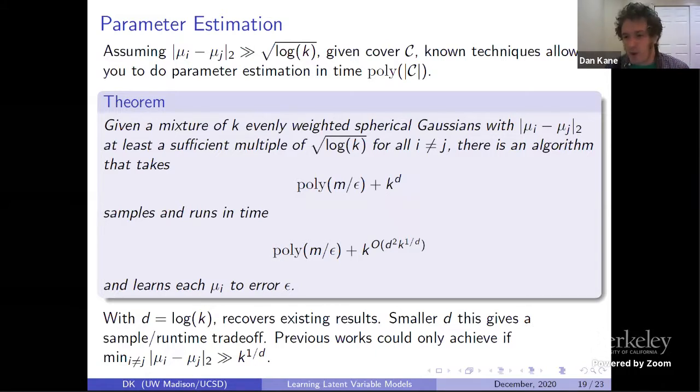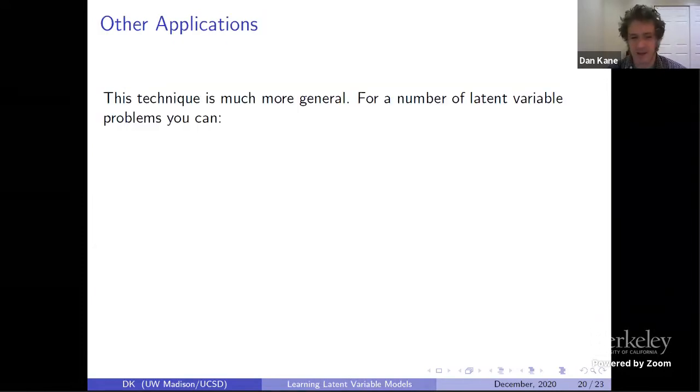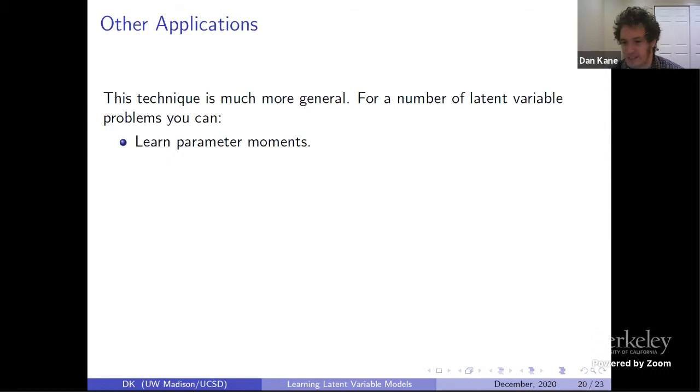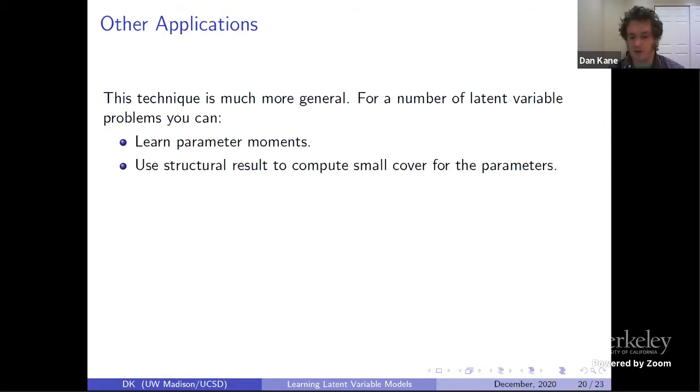Okay, so this is what we've attained for mixtures of spherical Gaussians, but if you think about it, this technique is actually far more general. For a pretty big sample of latent variable problems, you can follow the same idea. You first learn the parameter moments of the model by taking samples. You then use this structural result to go from having parameter moments to computing a small cover of the set of parameters.